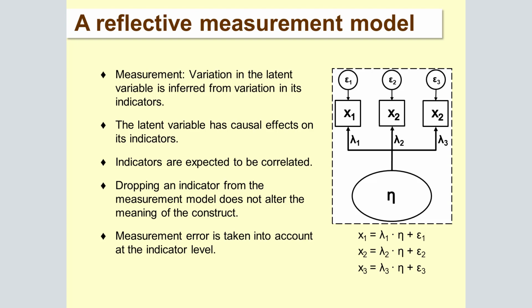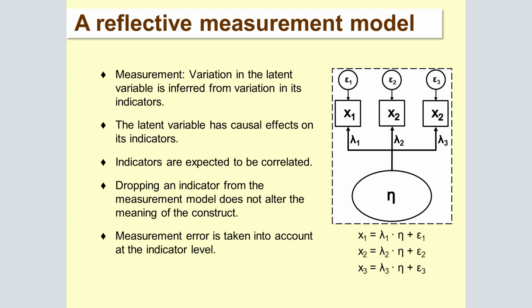At the heart of a reflective measurement model is a latent variable, symbolized by an oval. Measurement is implemented in such a way that variation in the latent variable is inferred from variation in its indicators. The latent variable has causal effects on its indicators. That means the indicators are causal consequences of the latent variable.